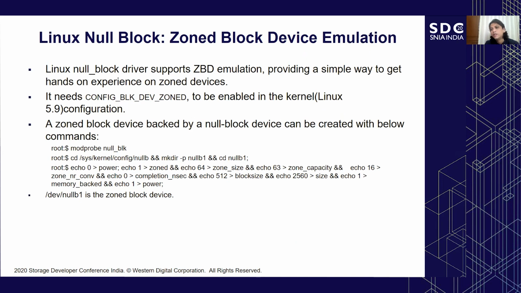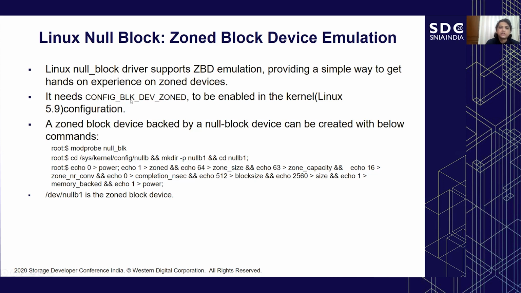So you're wondering, okay, how do I look at a zoned device? How do I get more details? How do I go in depth? So this is an emulation. It uses the system RAM, and it creates a zoned device with all the ZNS specifics as per the specification, and we can play around with this device.